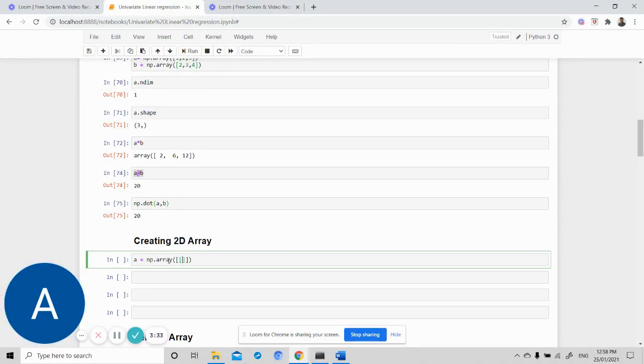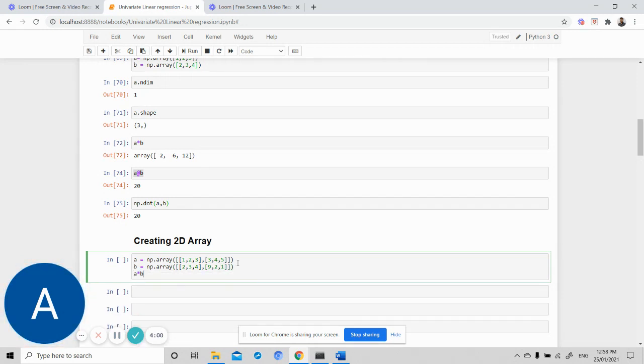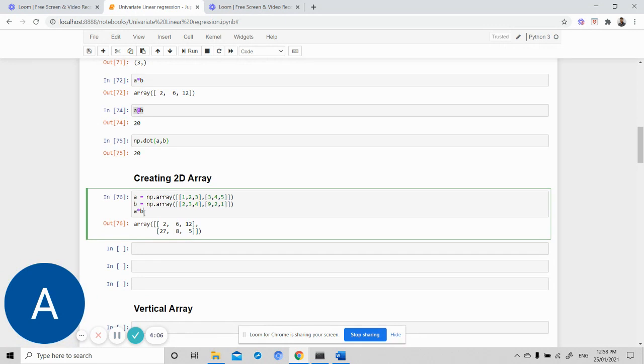Let's say it is 1, 2, 3 and 3, 4, 5, and B equals np.array of 3, 4, 9 and 2, 1, say. If we do A times B, this will again do element-wise multiplication. The asterisk stands for element-wise multiplication: 2 times 1, 3 times 2, 4 times 3.